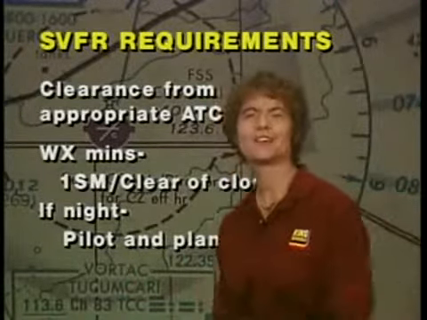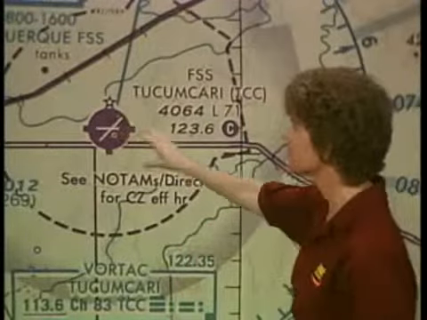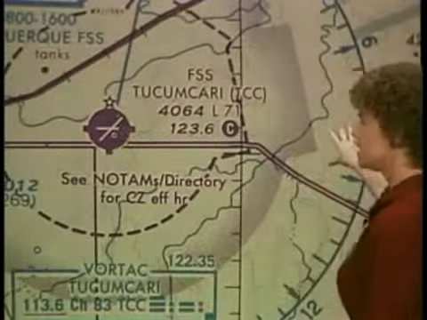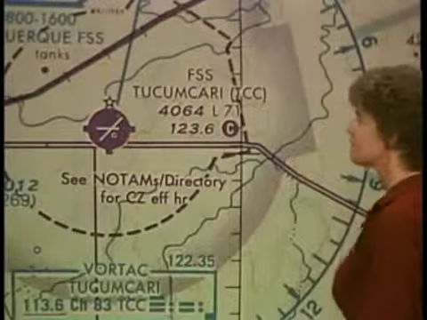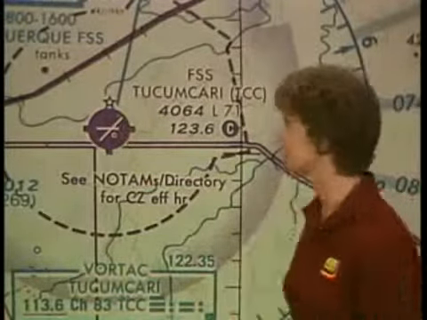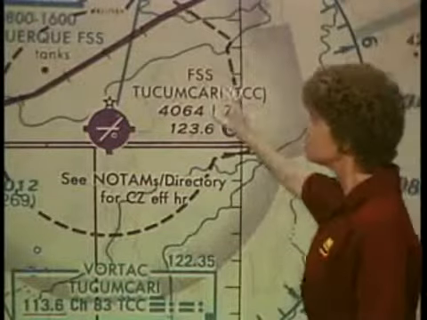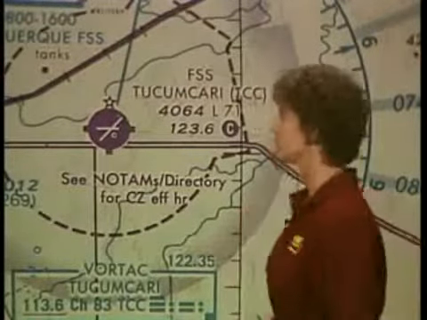Now, let's take a look at Tucumcari and talk about exactly how that special VFR clearance is going to sound. Let's suppose that you're coming into the Tucumcari Airport from the east and you want a special VFR clearance in because you've got less than 3 miles visibility or less than a 1,000-foot ceiling. There's no control tower at Tucumcari, so you can call the flight service station and they'll simply relay your request and relay the clearance.